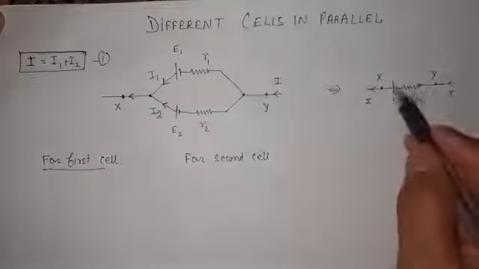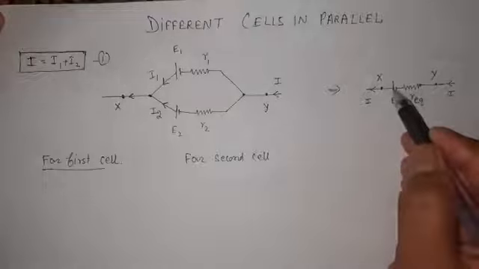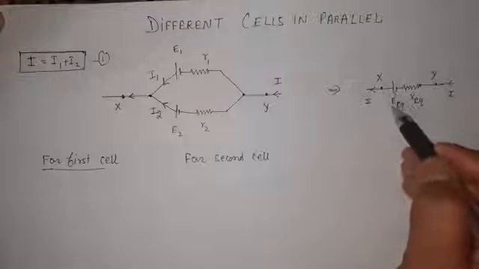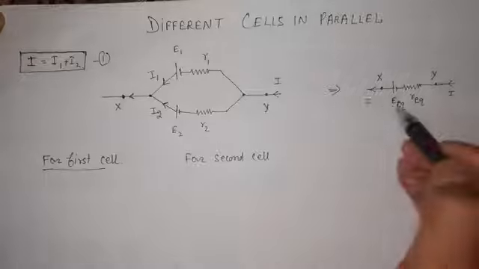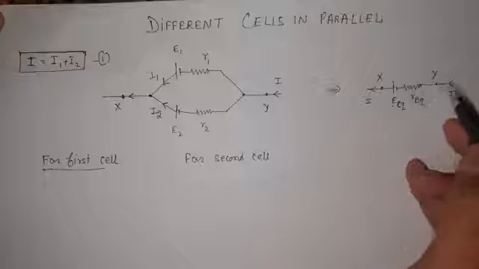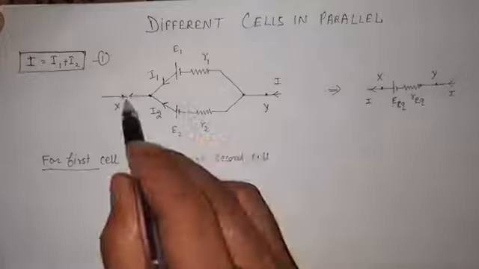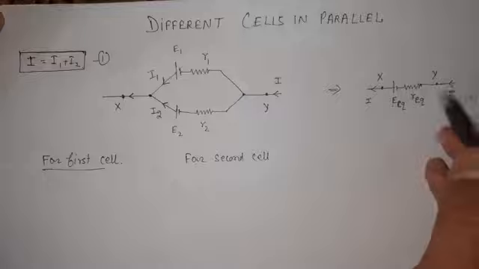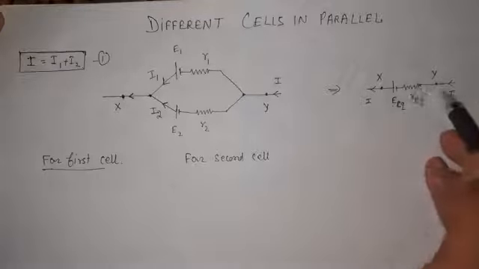So between x and y I have used this cell whose EMF is equivalent to these two, and the internal resistance is equivalent, Req, and the total current it gives is the same as is given by the combination. So it is I entering over here.